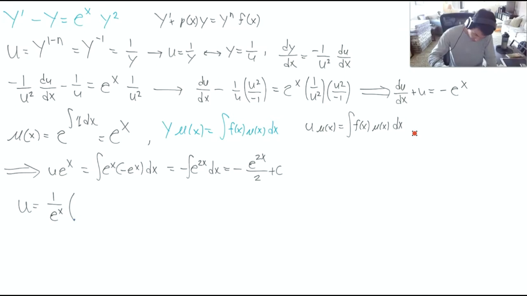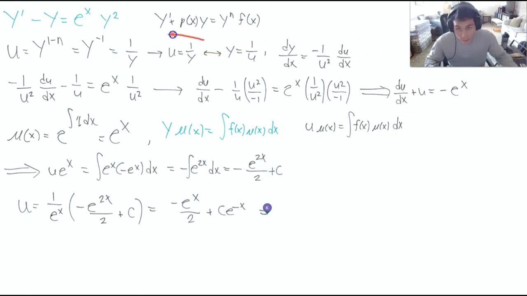So this will be negative e to the 2x divided by 2 plus c, all over e to the x, and you can rewrite this as negative e to the x divided by 2 plus c e to the negative x. That's another way you can write it. And then you know that u is 1 over y.